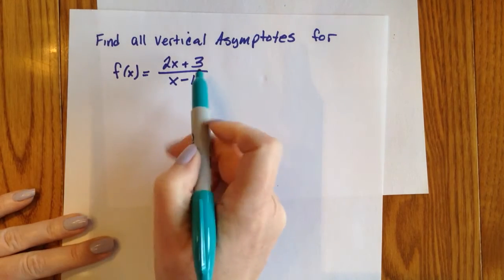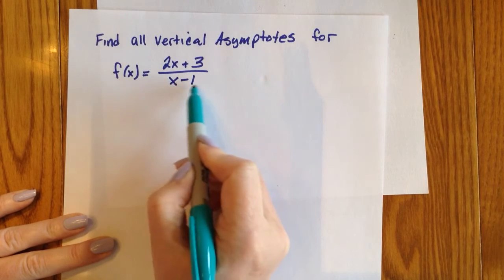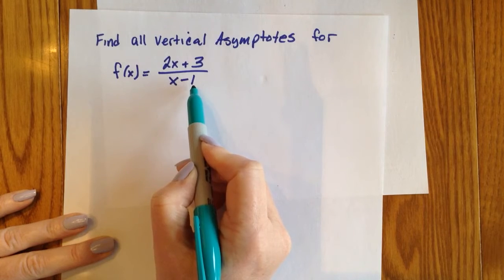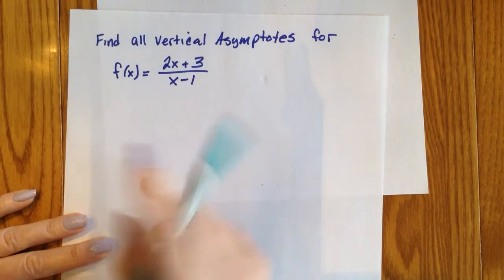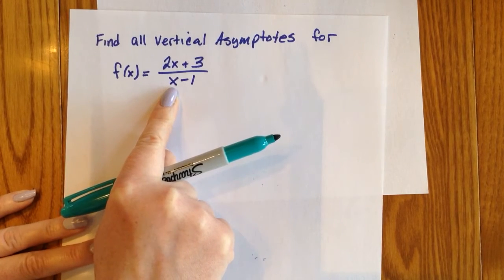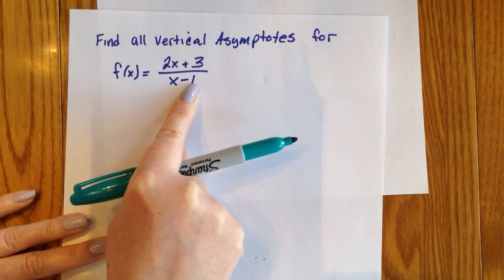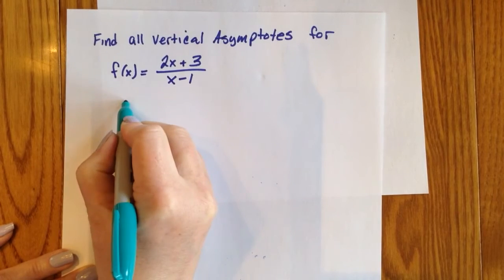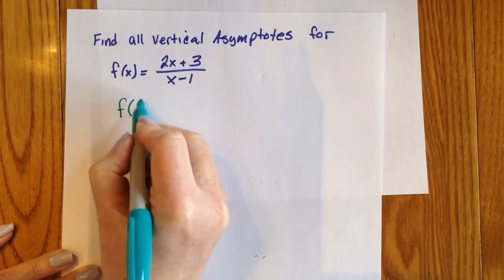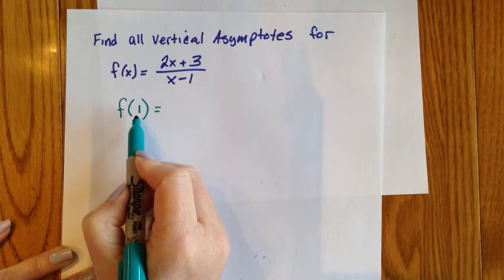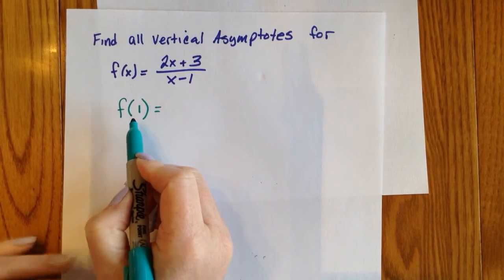The first thing you're going to want to do is look at the denominator and ask yourself, what would make the denominator equal 0? Well, I'm pretty sure you can figure out that if we turn x into a 1, 1 minus 1 would be 0. So here's the idea. I am purposely choosing to break this function. I'm trying to fill in a number I know I cannot fill in.